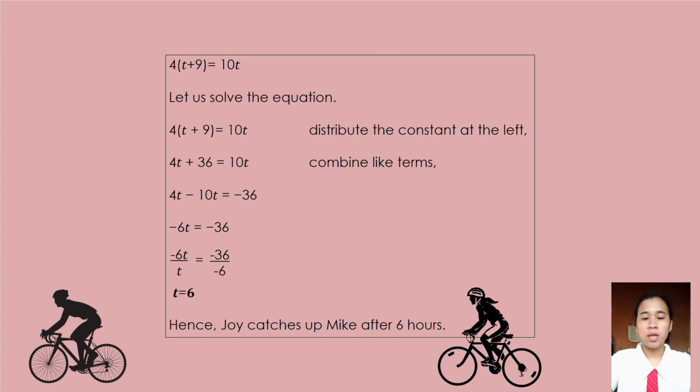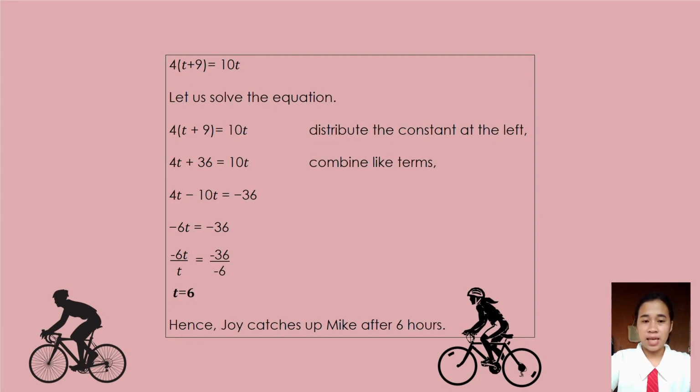Let us solve the equation. 4 times t plus 9 equals 10t. Distribute the constant at the left. 4t plus 36 equals 10t. Combine like terms. 4t minus 10t equals negative 36.